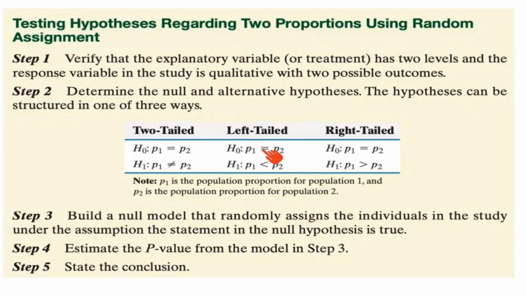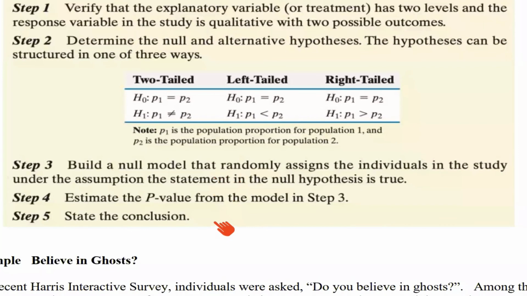The null is always a statement of no change, no effect, no difference, and therefore is always a statement of equality. We then build our null model around these hypotheses, assuming the statement in the null is true. We estimate our p-value based on the outcome of that null model, and then state our conclusion.